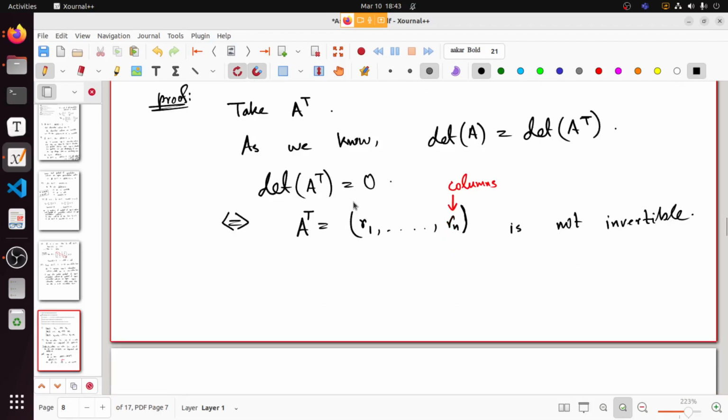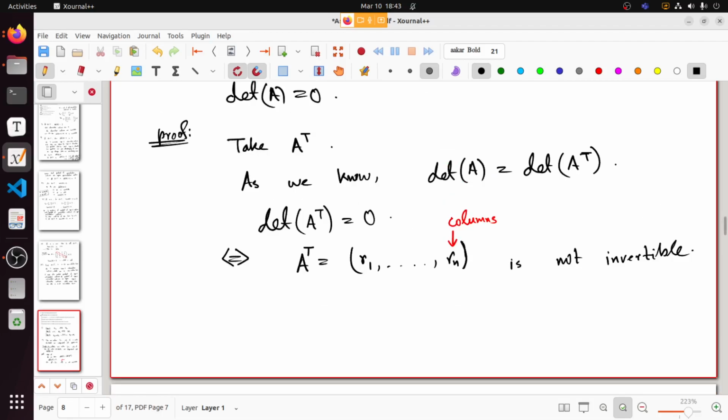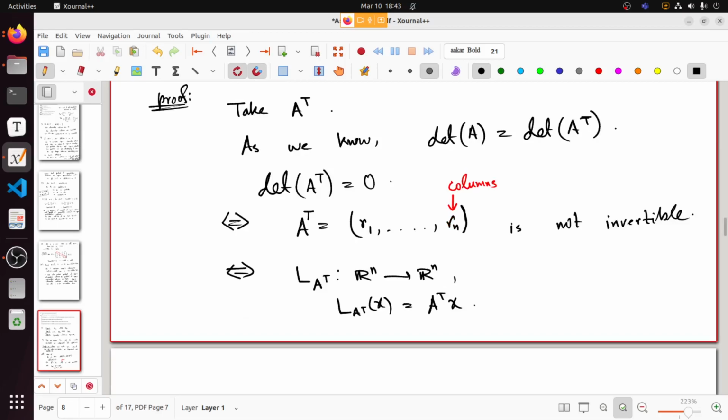And you know that every matrix corresponds to a linear transformation. So the corresponding linear transformation of A transpose is defined from Rn to Rn. What is the definition? L of A transpose of X is just A transpose times X, right? This is the definition. It is not invertible, right?